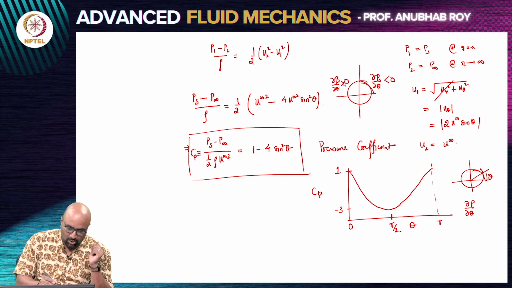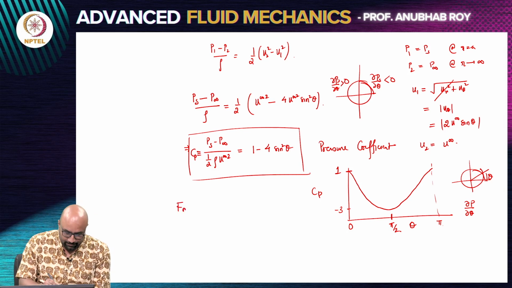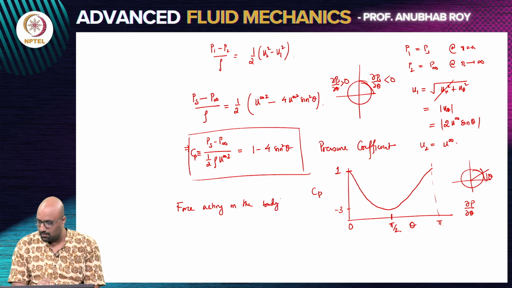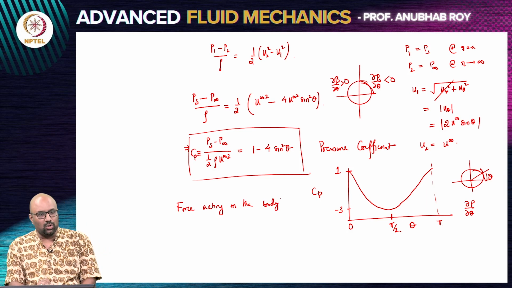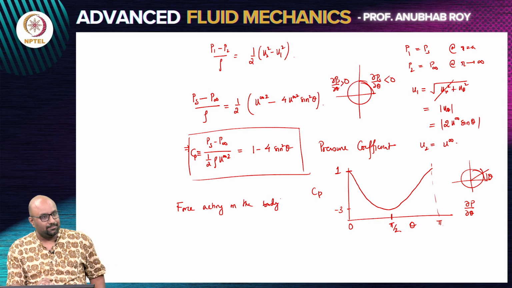The last thing to do is find the force acting on the body. So, we need to compute what is the force that the body is going to experience. Now, how do I find the force acting on the body?